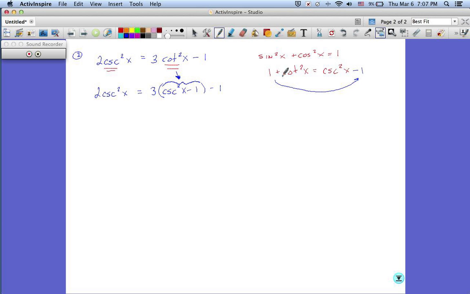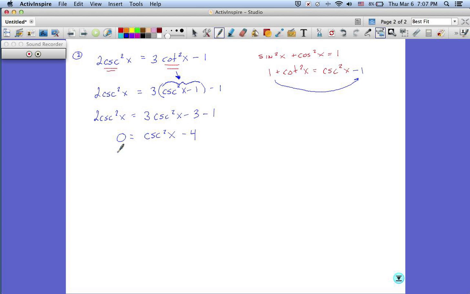Right? This whole thing is cotangent squared. Okay? So now what I can do is 2 cosecant squared, distribute the 3: 3 cosecant squared minus 3 minus 1. Now I can combine like terms. I'm going to subtract this over here and get a single cosecant squared minus 4. Then I'm going to add 4 over here.